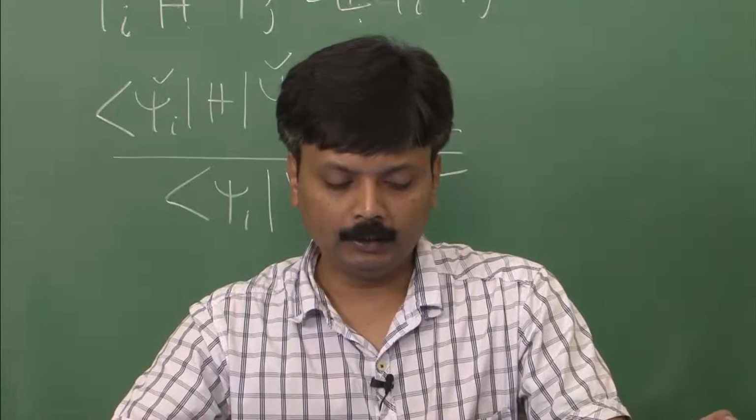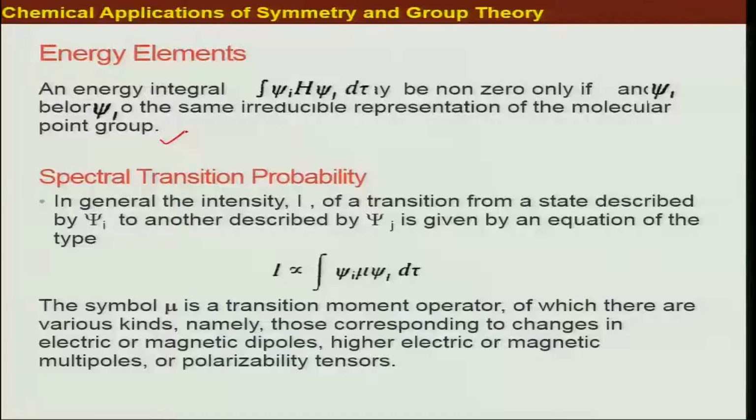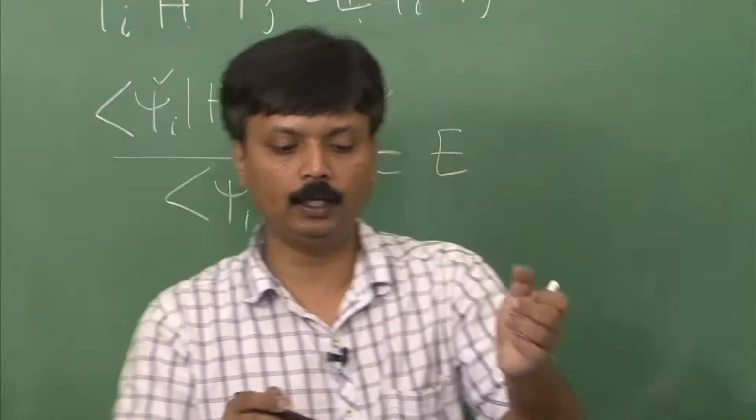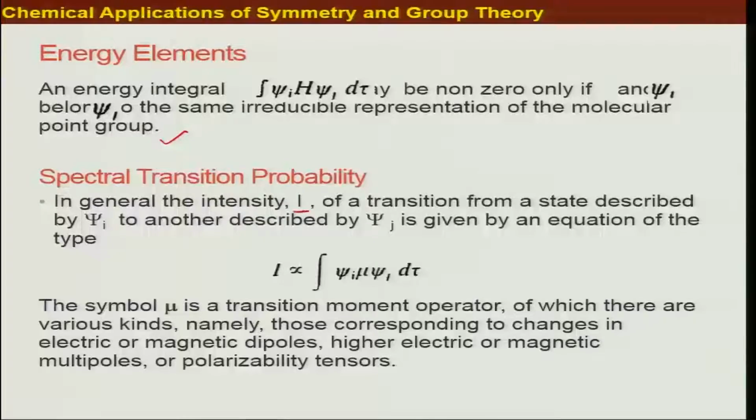If the ground state and the excited state are described by two wave functions psi I and psi j, then the intensity of this transition, denoted as I, is given by this integral. Okay, so this is called the transition moment integral.